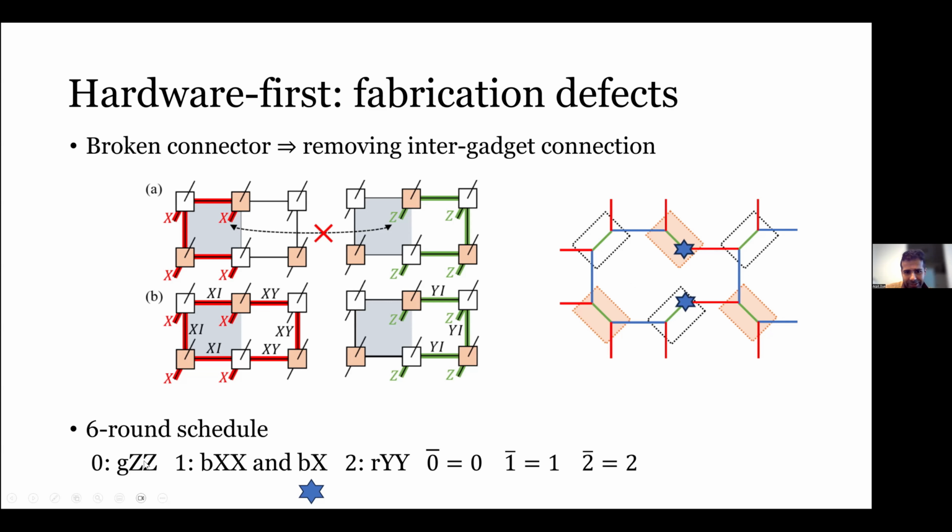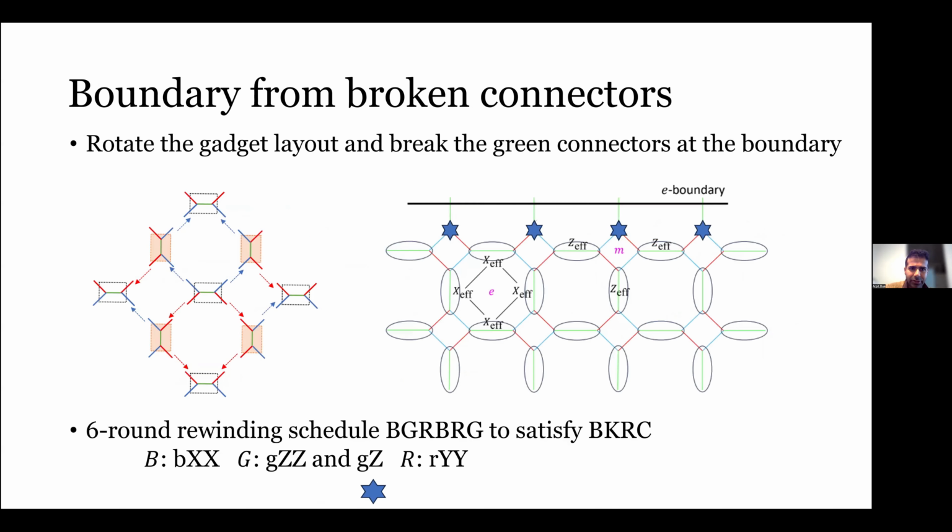And we find a 6-round schedule where you measure the ZZ bonds on the green legs, and then you do these XX measurements, and you do these single qubit XX measurements over here. And this is due to the fact that we have a broken connector over here. So we get a 6-round schedule. And this kind of insight also applies when you try to construct a boundary, because you can imagine a boundary as just a whole line of broken connectors.